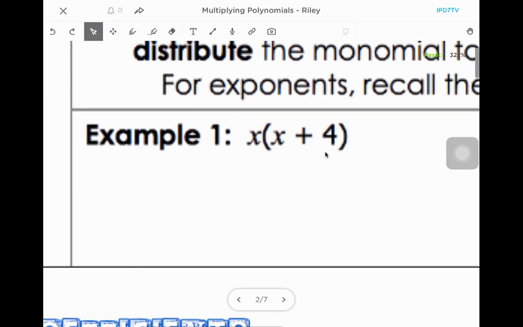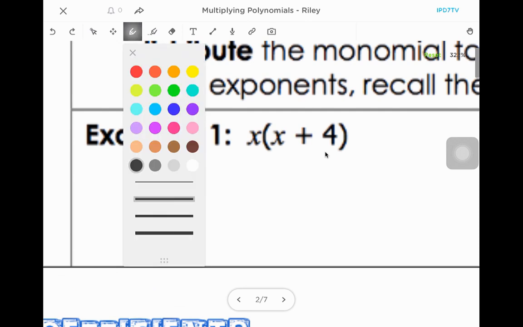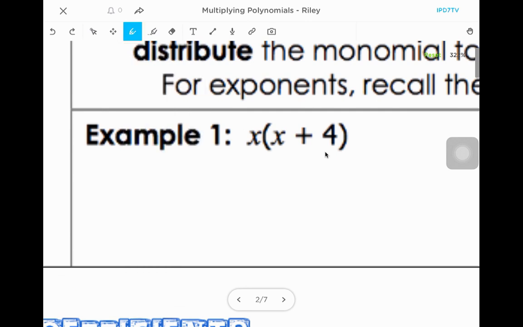Example 1. Let's use blue. We're going to distribute this x in, so we're going to do x times x. When we look at this, we might get stuck and not understand what's going on. We have to understand that even though it's not showing, we have an x to the 1 power, and we have an x to the 1 power plus 4 here.